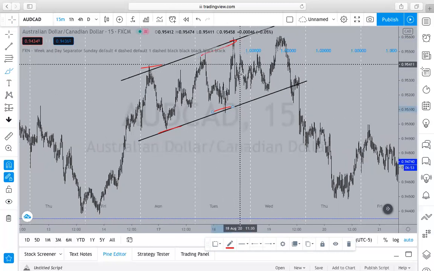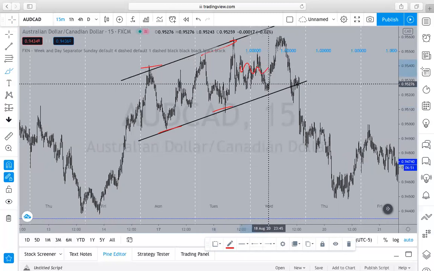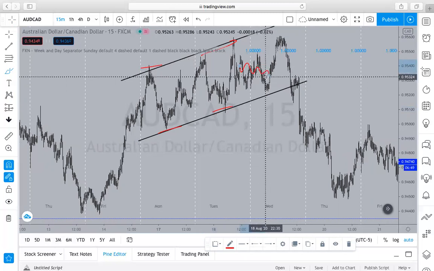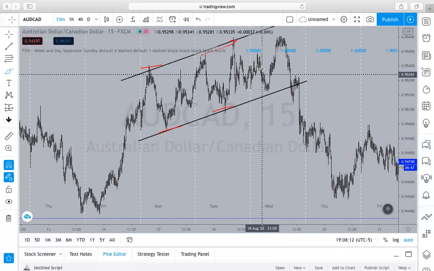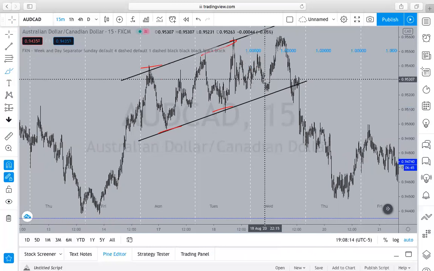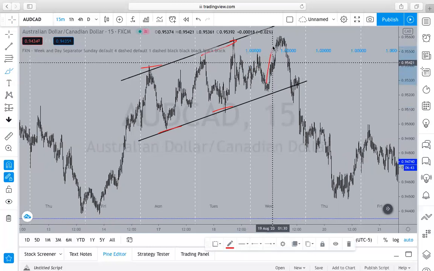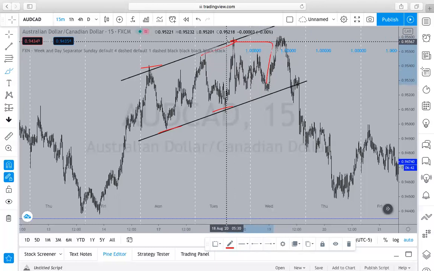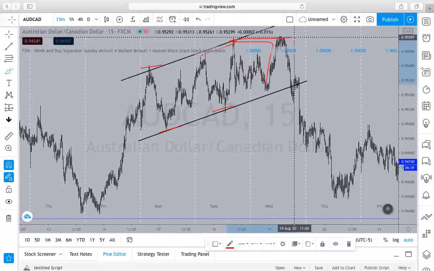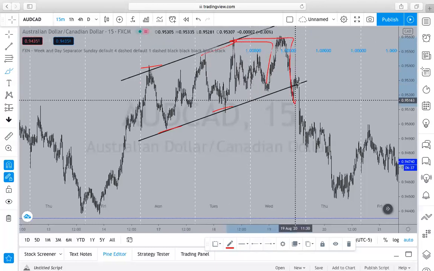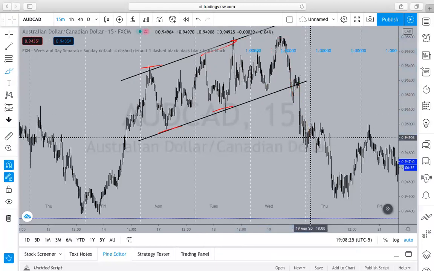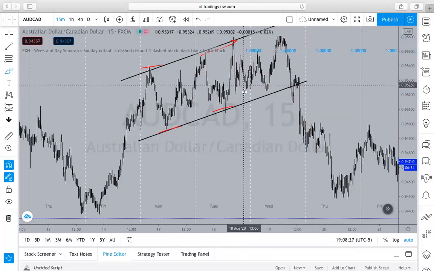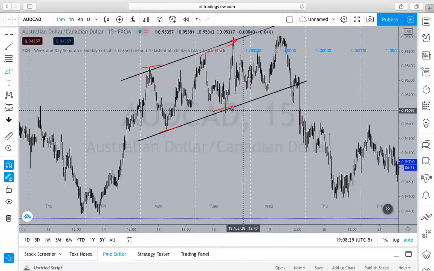So what do we expect on Wednesday? Market structure tells us if it comes to this high of Tuesday, that's going to reverse, right? That's what the weekly cycle structure tells us.